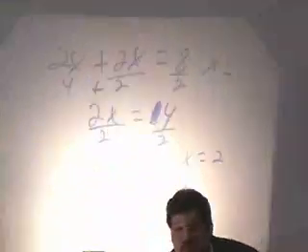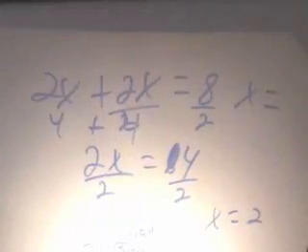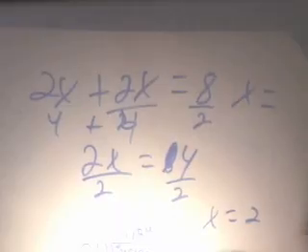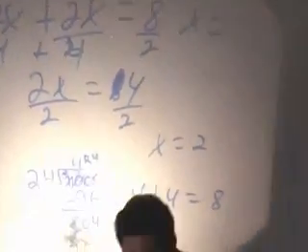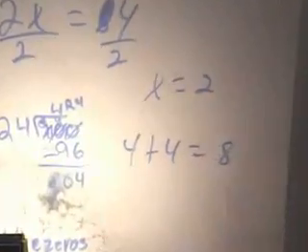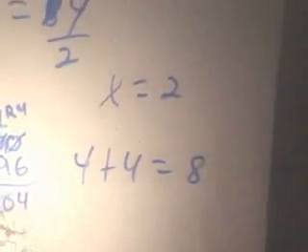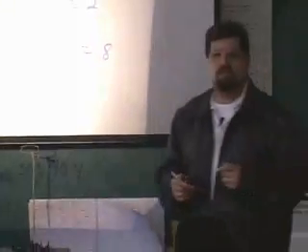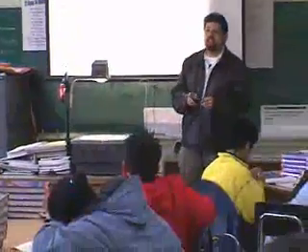And then what's 2 times 2? 4. So 4 plus 4, is that equal to 8? Yes. Okay, so remember, in an equation, both sides have to be, as part of the equation, what do both sides have to be? What did somebody, I didn't hear that person? Equal. Okay, so any other questions?